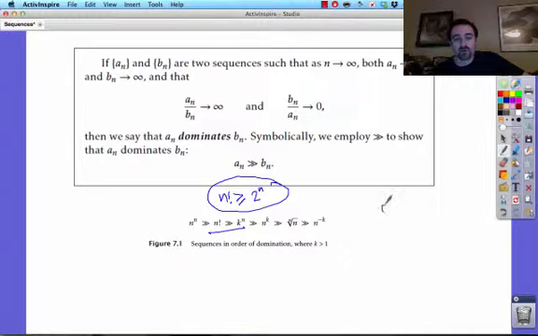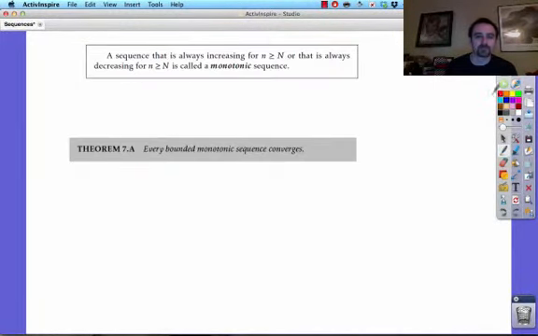So that would be something like 1 squared, 2 squared, 3 squared, 4, and so on. That will always dominate the nth root of n, which will always dominate n to the negative k, where k is a constant. Okay. All right, so that's something for us to keep in mind. We'll be looking at these later on as well.